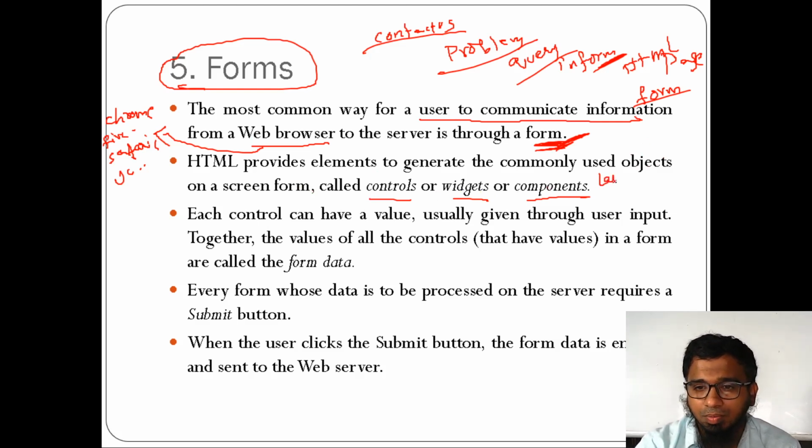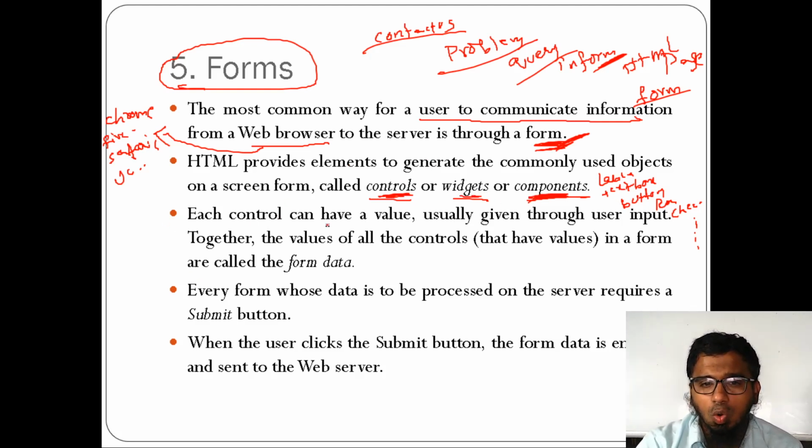Example, label will be there, text box is there, button is there, then radio button, check box and so on. That is all called controls, widgets or components. Now the third point, each control can have a value usually given through user input together.